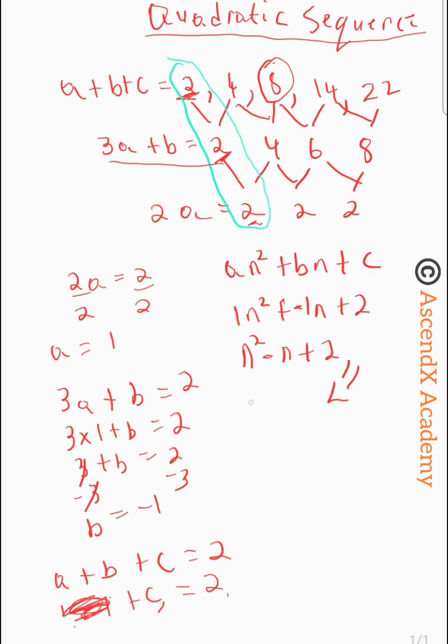So we have 3 squared minus 3 plus 2. We want to see if we'll get 8. So that is 9 minus 3 plus 2. 9 minus 3 gives us 6, plus 2, and 6 plus 2 is 8. Then we see that our quadratic nth term is correct.